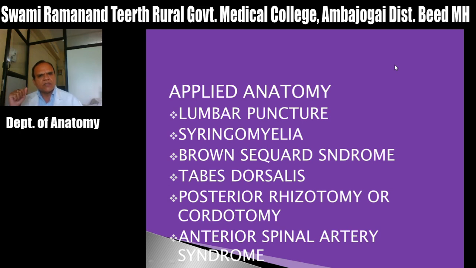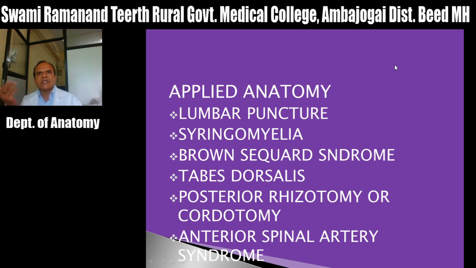Why is that site preferred? What is lumbar puncture? In order to take the CSF, the lumbar puncture needle is penetrated in between the L2 and L3 vertebrae, and then it passes up to the subarachnoid space. In the subarachnoid space there is CSF, and CSF is taken out in order to carry out various investigations.